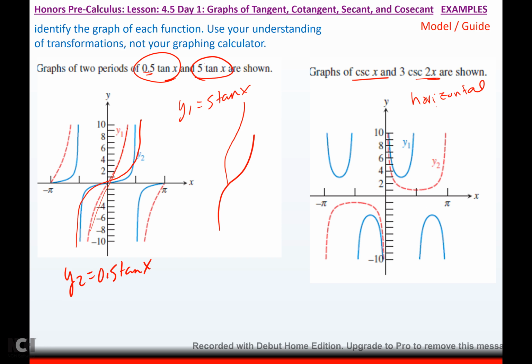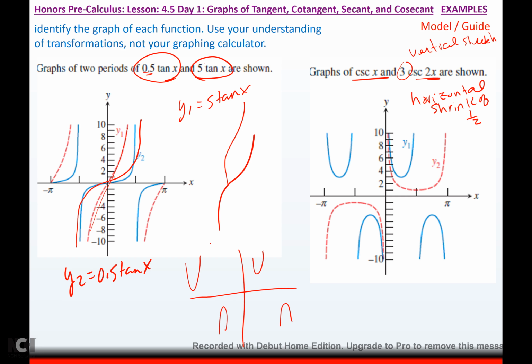This is going to be a horizontal shrink of 1/2, and this is going to be a vertical stretch. So if you did cosecant and you have these things right down here, if you're going to horizontally shrink them, they're going to get much thinner, and they're going to get taller when you stretch them by 3.